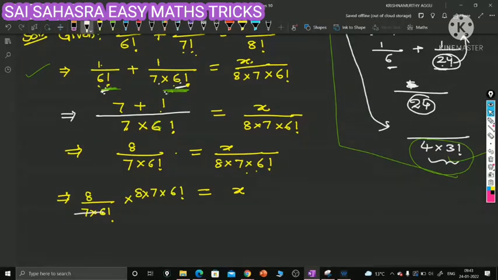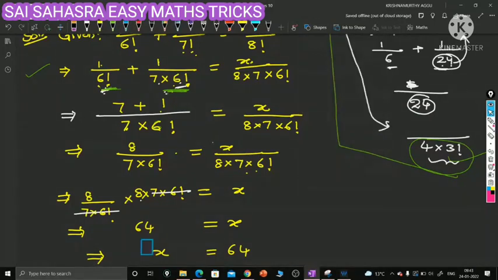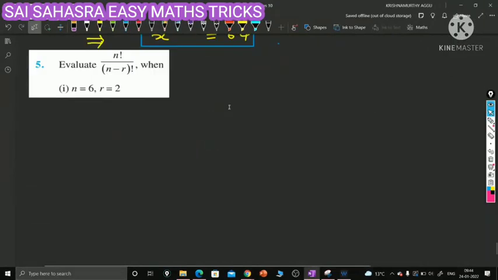Cancellation is possible: 7 into 6 factorial, 7 into 6 factorial gets cancelled. 8 into 8 will be 64. 64 is equal to x. That implies x is equal to 64. Finally, what is the value of x? The x value is 64. So this is the way of answering the question.